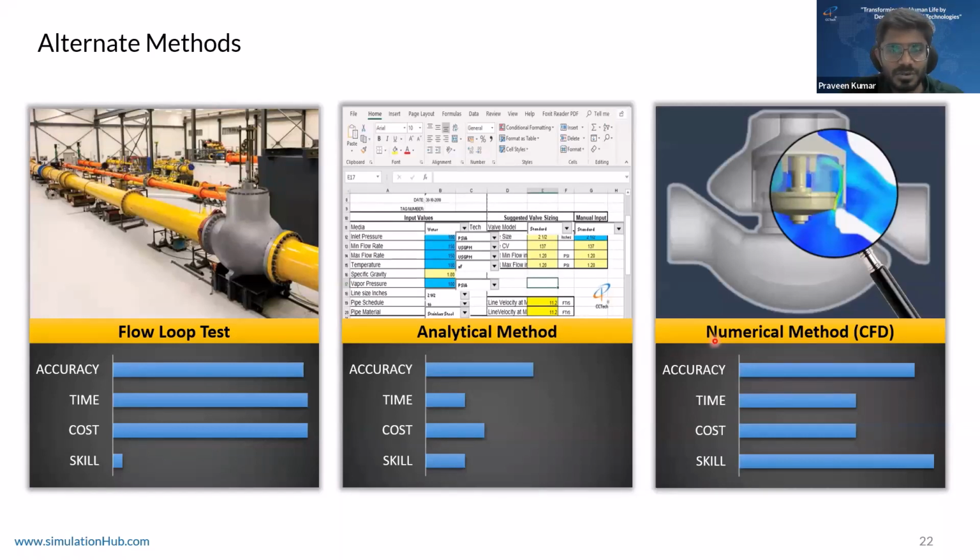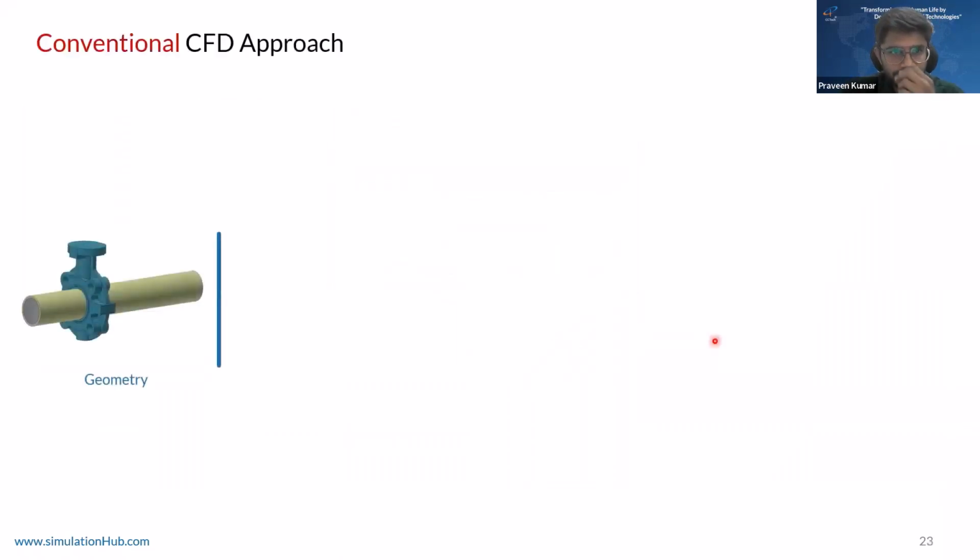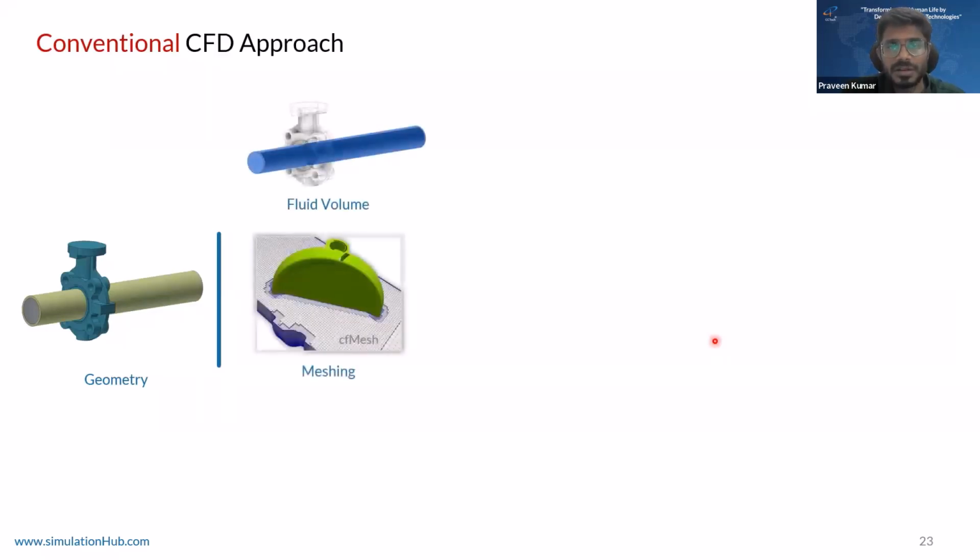Let me go ahead. So here I'm putting a picture of what it takes, or what the CFD process of a conventional CFD approach is. It starts with the geometry, and there is something called CAD cleanup and fluid volume extraction. Then the fluid volume is discretized with hexahedral or tetrahedral cells, what we call meshing.